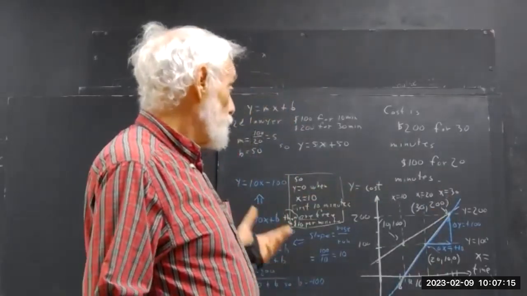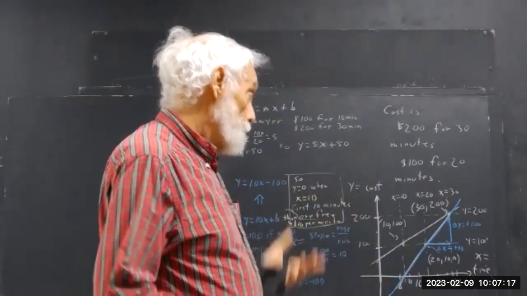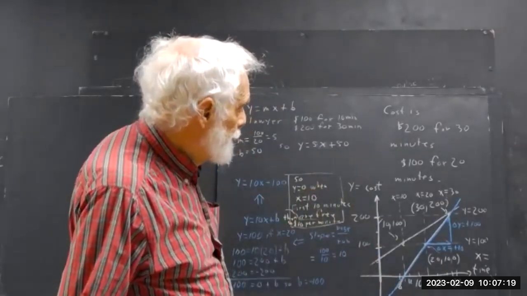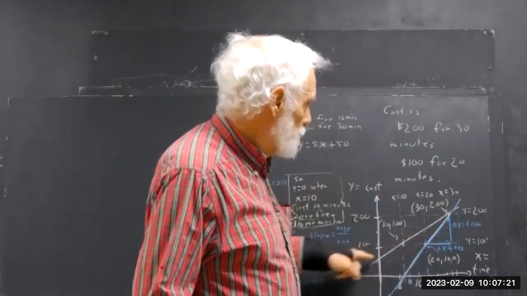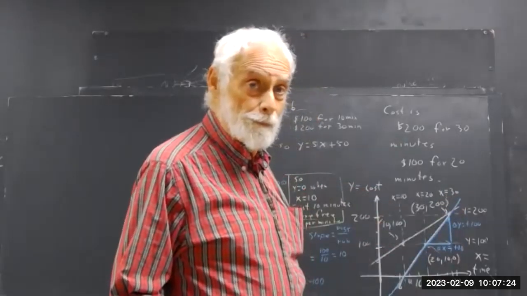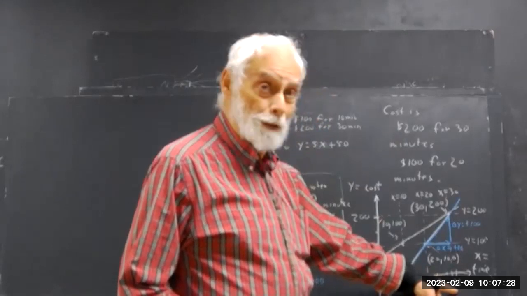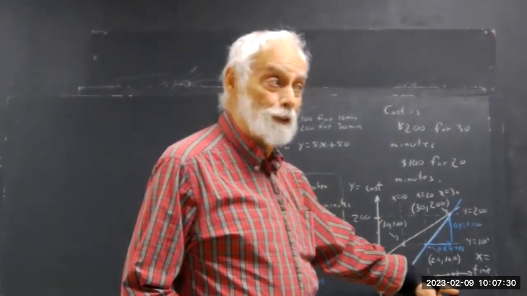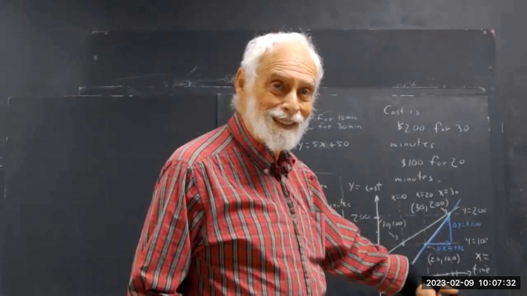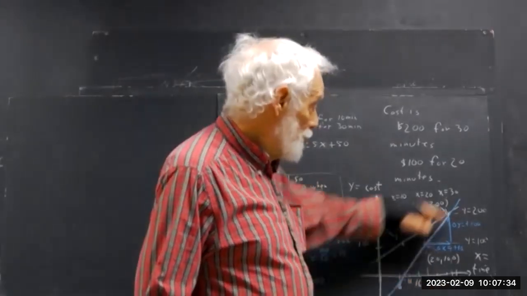Now, a conclusion we can draw from this picture is this lawyer makes more money up to a 30-minute visit. If she decides to limit visits to 30 minutes, she's never going to make less money than this lawyer.